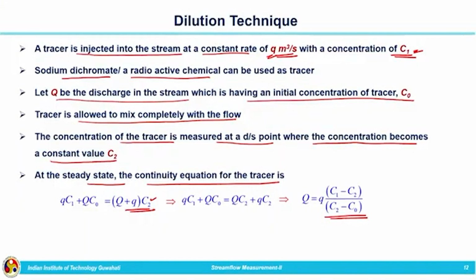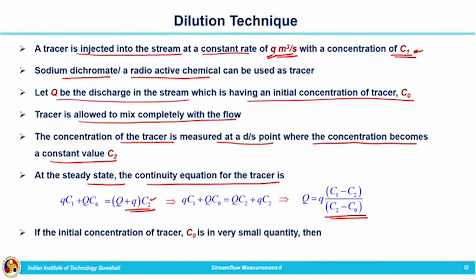So, the equation can be rewritten as Q equal to small q multiplied by (C1 minus C2) by C2. It can be rewritten again as Q equal to q multiplied by (C1 by C2 minus 1). So, the initial concentration of the tracer C0 is a very small quantity that we are neglecting.